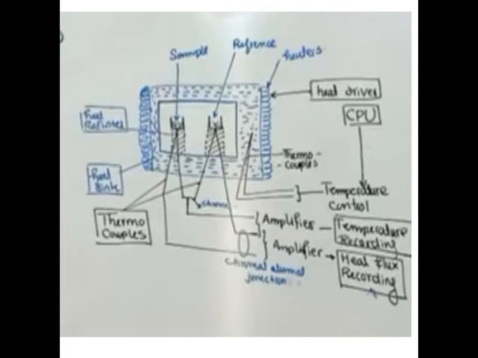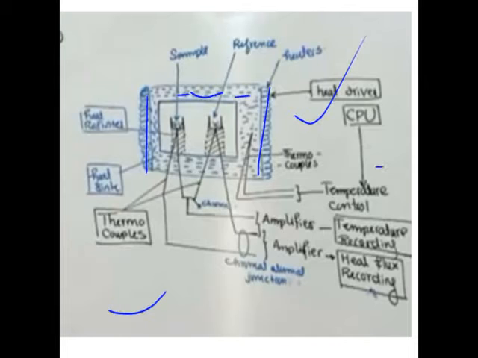So in case of the first type, heat flux DSC, this is the instrumentation of the heat flux. Here you are seeing the blue lines. The blue lines are the heater, and along with that there is this part, which is called the heat driver. How much heat we have to provide to the sample and reference can be controlled.